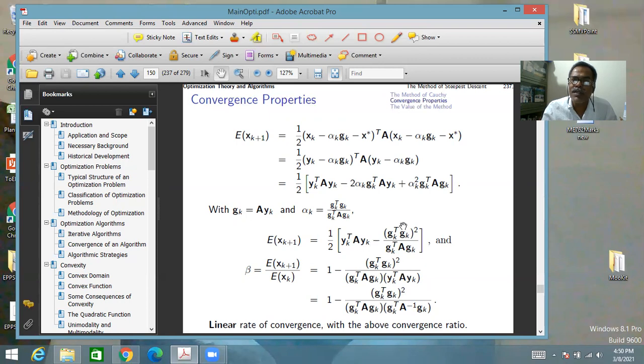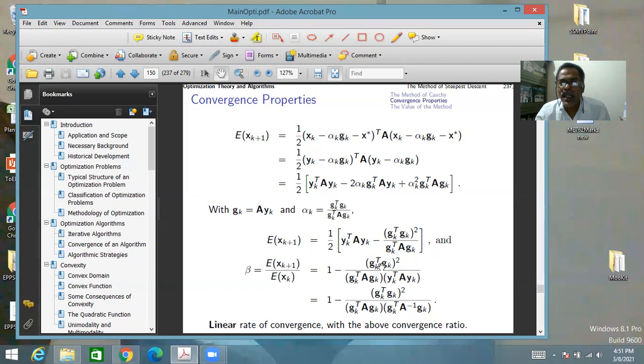Okay. 1 minus this stuff. And we notice that by dividing it with just E of xk rather than any power of it, we get this expression as finite. So that is why we say that its rate of convergence is linear and the convergence ratio is this.